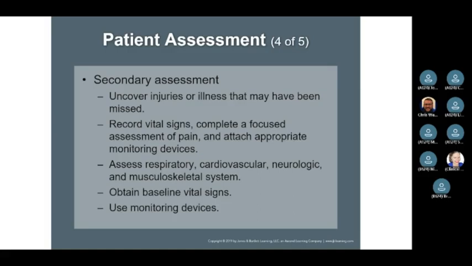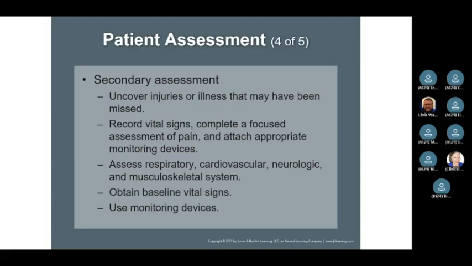Assess the respiratory system, assess the airway for patency, and determine the rate and quality of respirations. Look for distended neck veins and a deviated trachea. Check for paradoxical movement of the chest wall and bilateral breath sounds. Assess the cardiovascular system, specifically the rate and quality of the pulses.